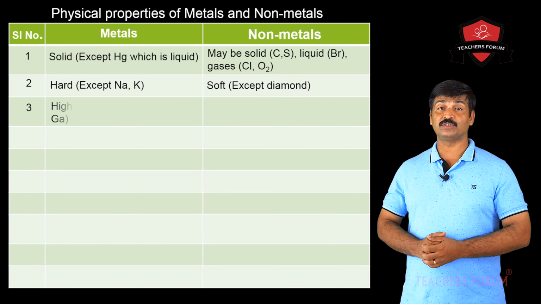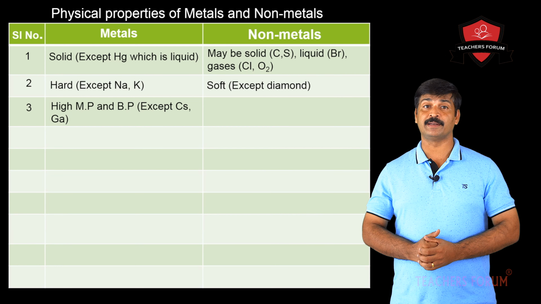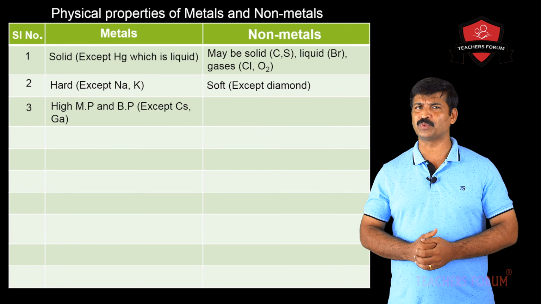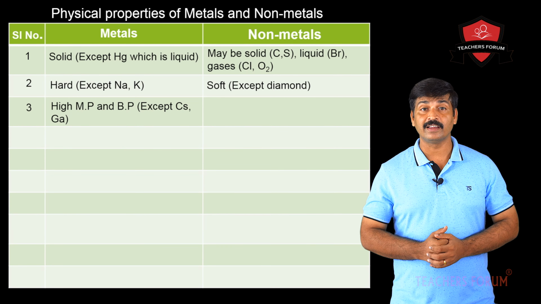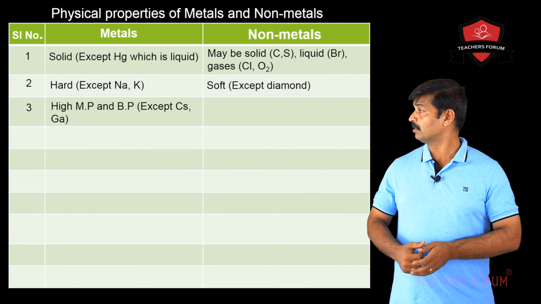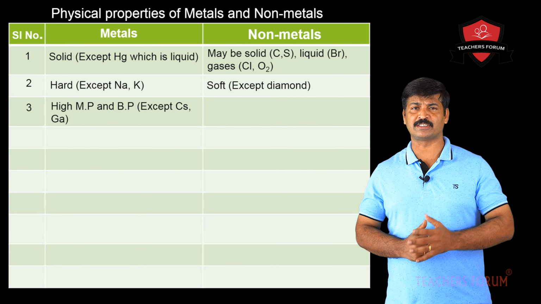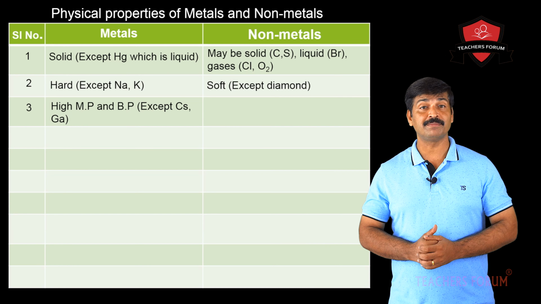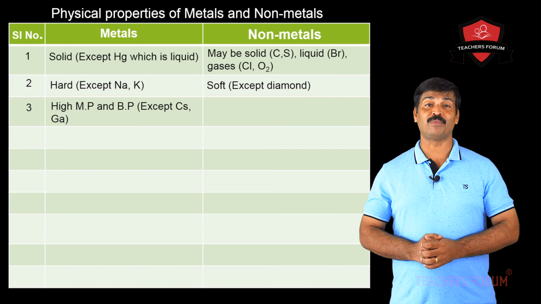Now let us see the third one. Usually metals have high melting point and boiling point. Why? They are solids, that's why. So the intermolecular attraction is very strong. So usually metals have high melting point and boiling point. But there is some exception. Cesium and gallium, you see, they have very low melting point and boiling point.